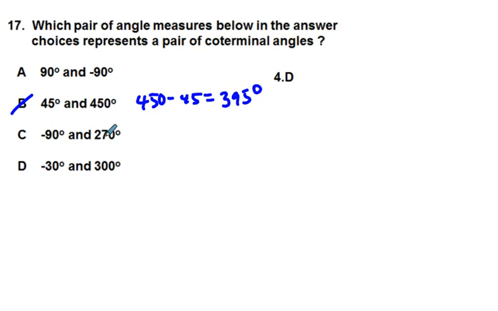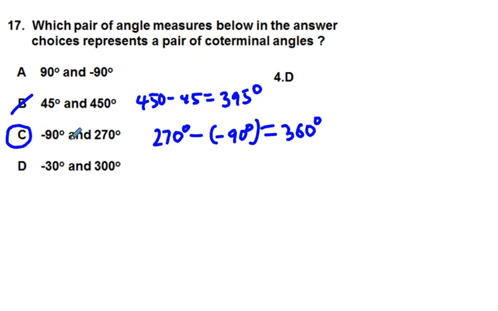On the other hand, for 270 degrees, if we subtract negative 90 degrees, 270 minus negative 90 is 360 degrees. Or you can look at it as negative 90 plus 360 gives 270 degrees. So that's it. These other ones are not. Choice D is 330 apart. Choice A is 180 degrees apart.